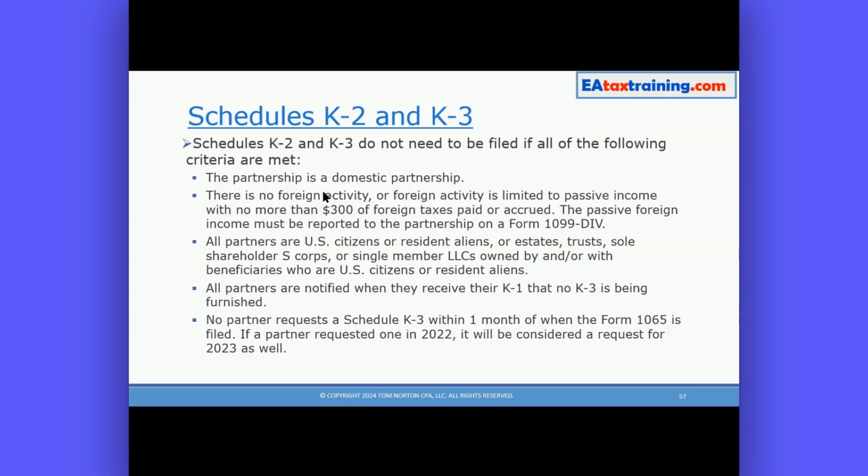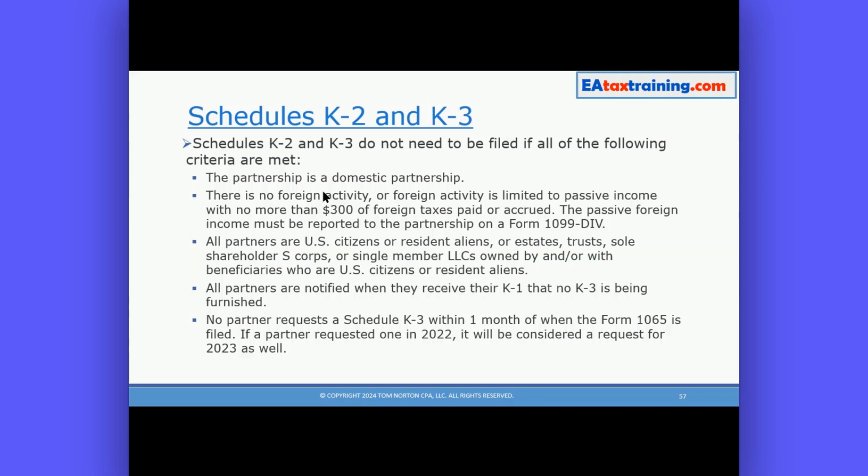But if you've got a significant amount of foreign activity, or you've got foreign partners, and remember, you can have all these different entities that can be partners in a partnership. Maybe one of the partners is an LLC, for instance, and a member of the LLC is a foreign person.